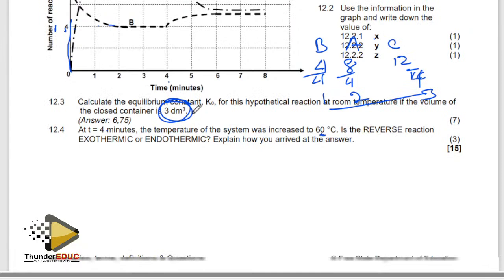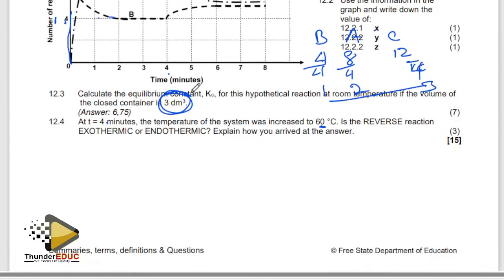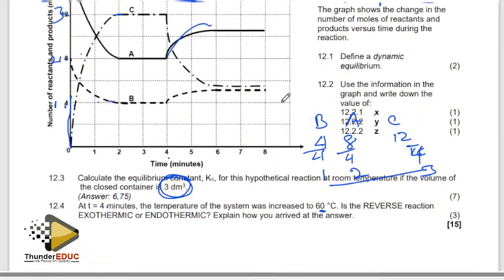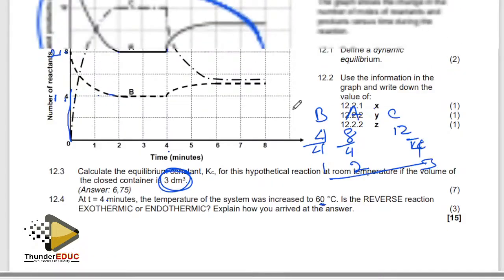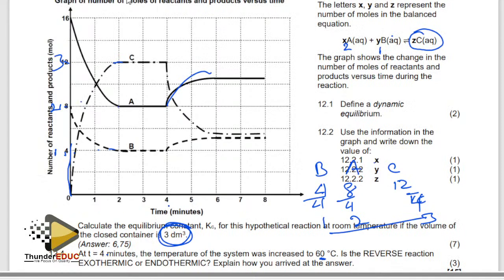Then from there, they're saying calculate the Kc at room temperature when the volume is this. Now this one is simple. Why? Use still the RICE method.